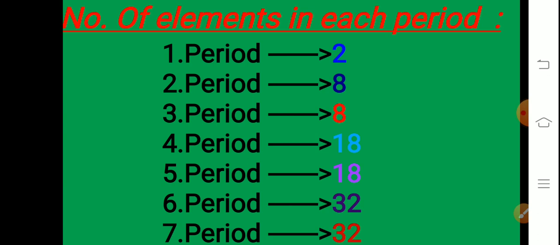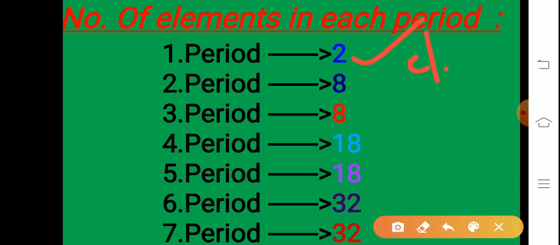The first period starts with the K shell. The K shell contains only one subshell, that is s, right? The maximum number of electrons in s, how many? 2, we already discussed. So in the first period a total of 2 elements are there.